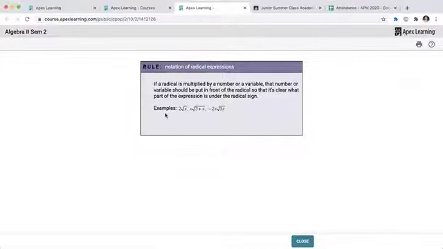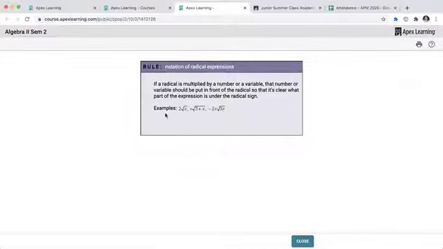It'll follow the same principles for multiplication and division. You can combine them under the same symbol as long as they are both the same radical. Same thing for the division property: it can be combined as long as it is the same radical form.